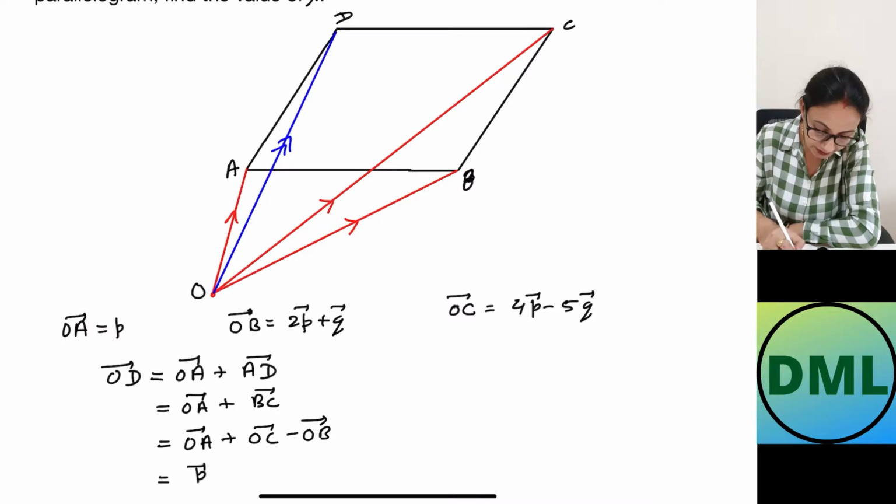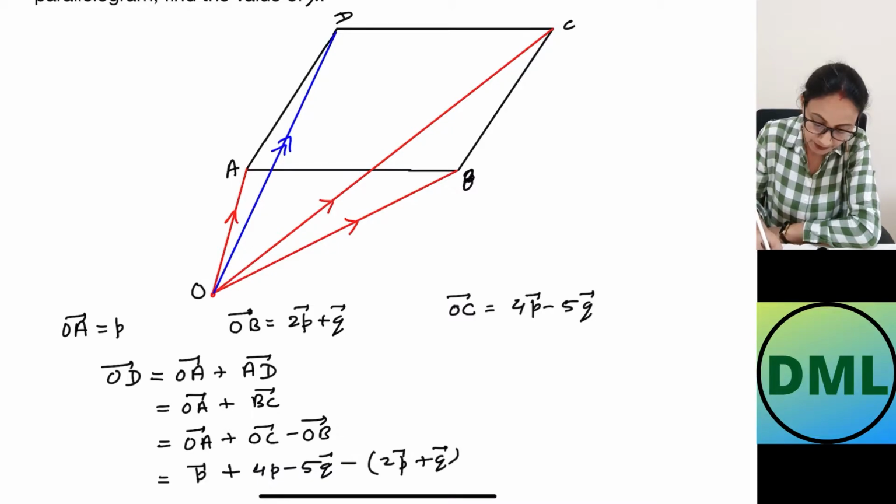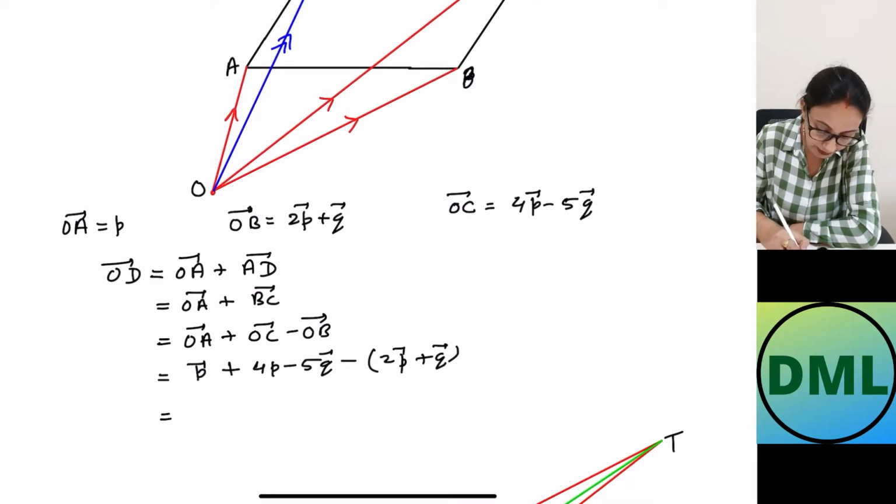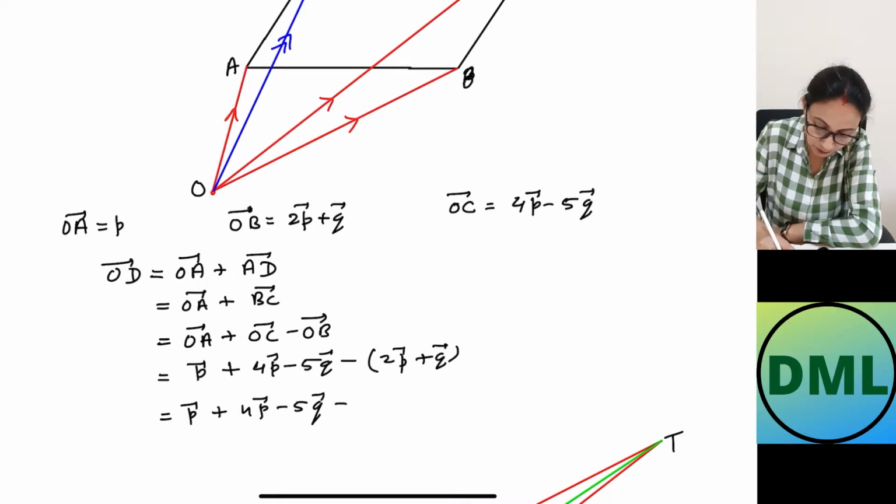Now let's substitute the values here. OA is vector P plus OC is 4P minus 5Q, minus OB vector, that will be 2P plus Q vector. Now let's open the bracket here: P plus 4P minus 5Q minus 2P minus Q vector.